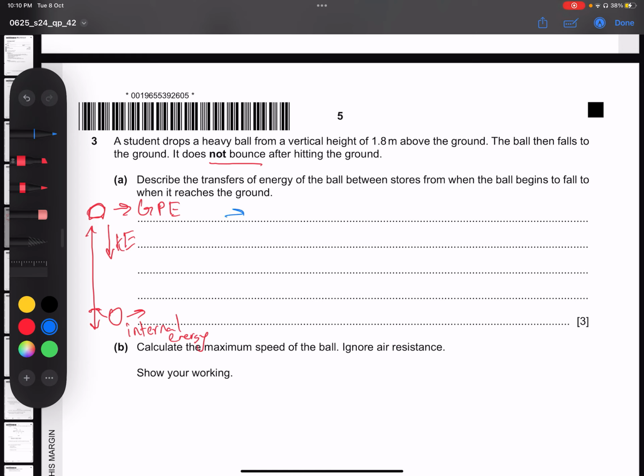So the first step is GPE is stored before the ball falls, GPE is converted into kinetic energy.